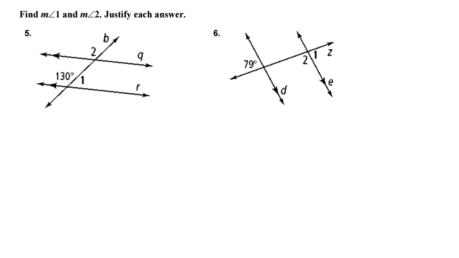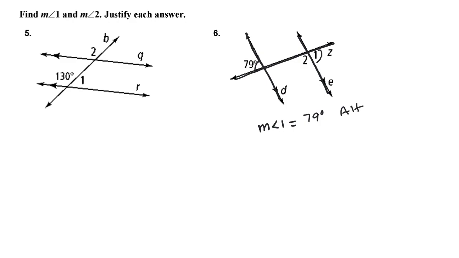For number 6, we have to find the measurement of angle 1 and the measurement of angle 2. We have to justify our answers. We know that these two lines are parallel and this is a transversal. If that's true, which we know it's true, then this angle and this angle are congruent.